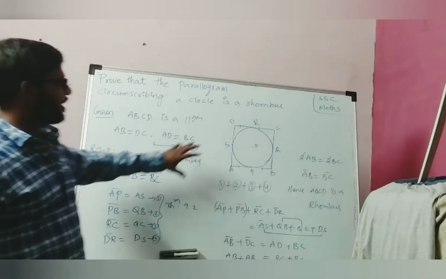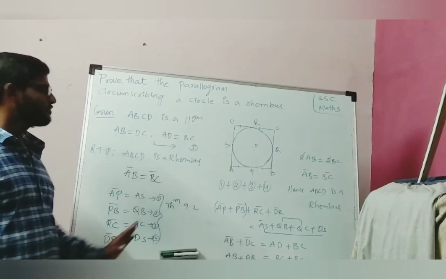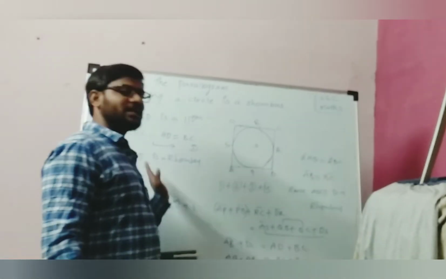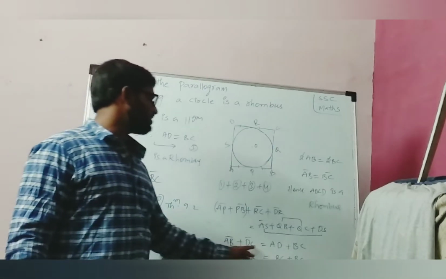Okay, parts of both opposite sides write on one side, and parts of the other opposite sides write in RHS. Then you will get AB plus DC equal to AD plus BC.